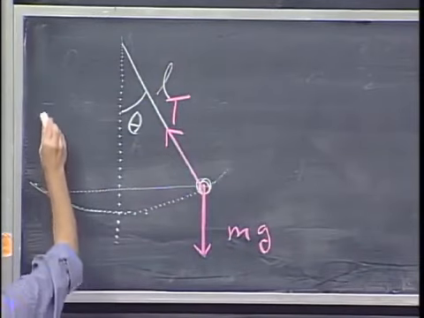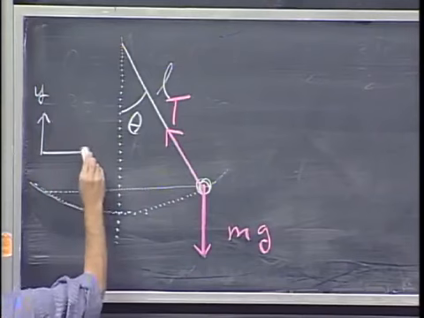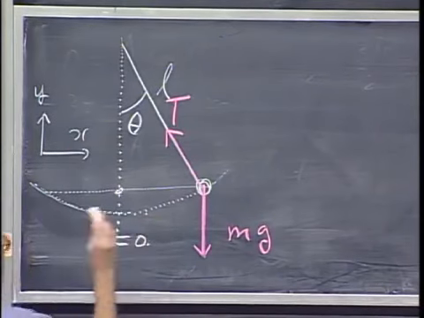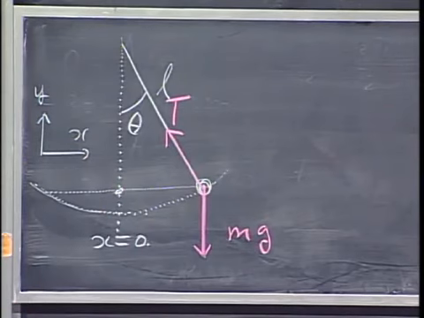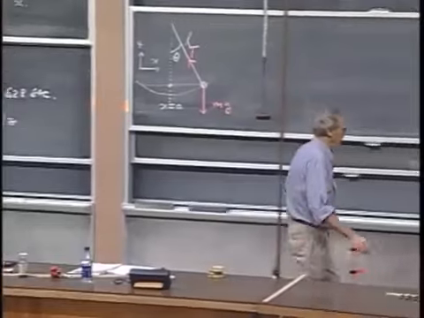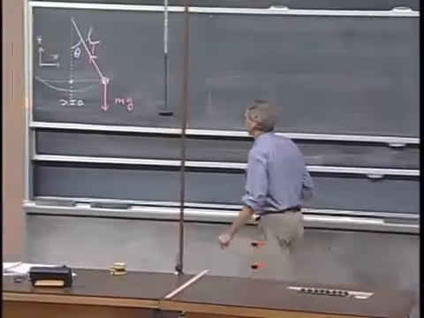I call this the y direction, and I call this the x direction, and here x equals 0. Well, I'm going to decompose the tension into the y and the x direction, as we have done before.